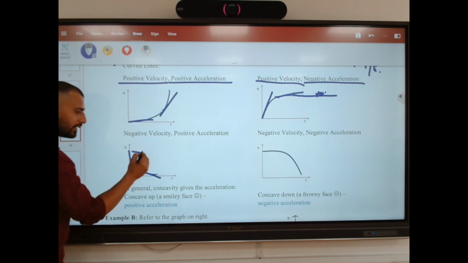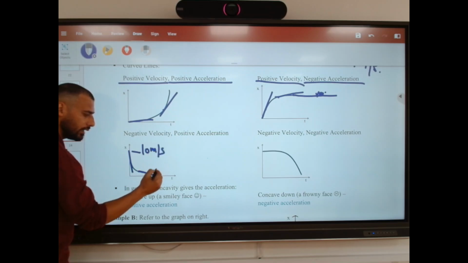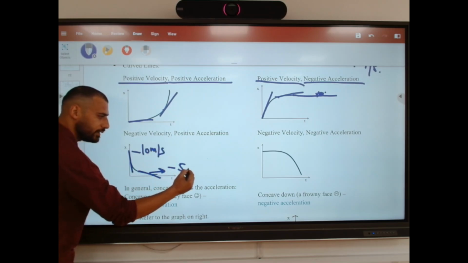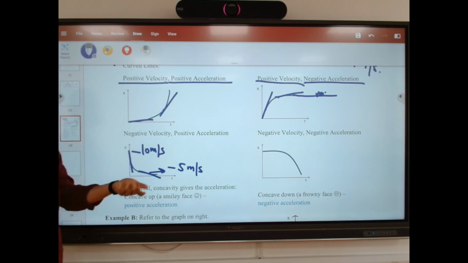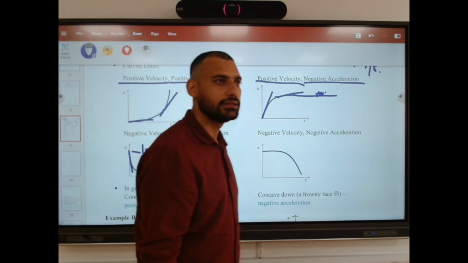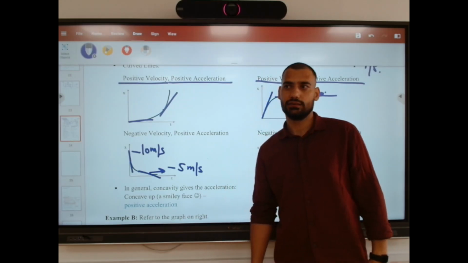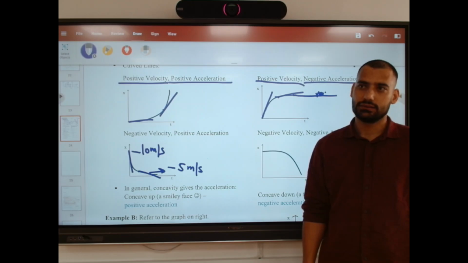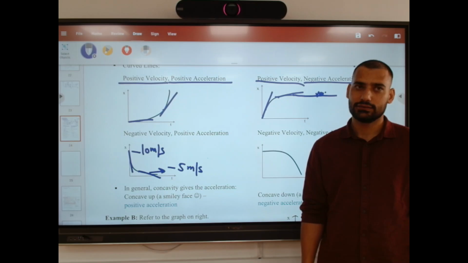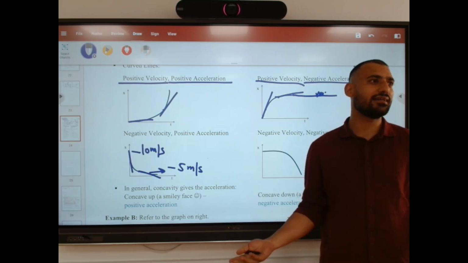Here the velocity was negative 10 meter per second, and here the velocity is negative 5 meter per second. Now tell me, is his velocity increasing or decreasing? Increasing. If the direction is fixed, it's increasing because it went from 10 to 5.